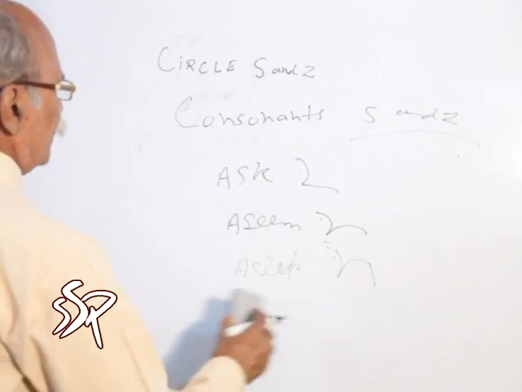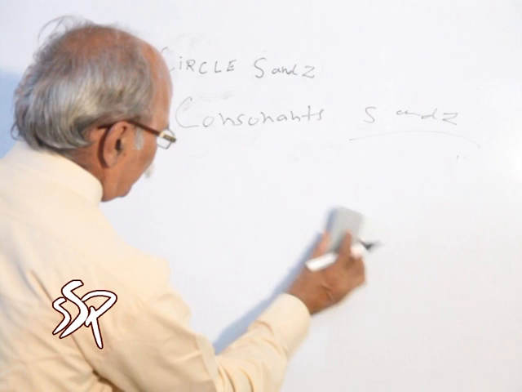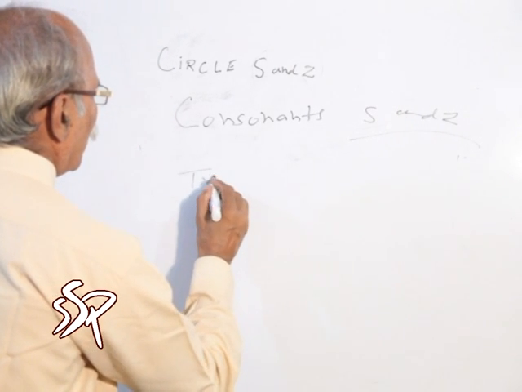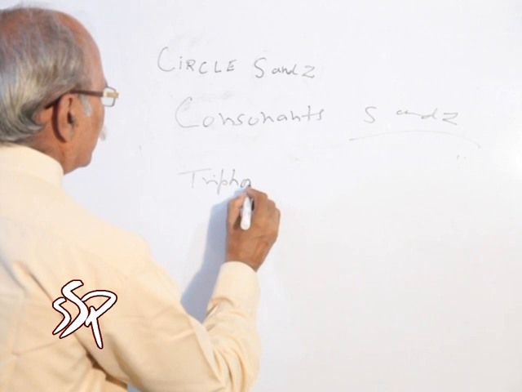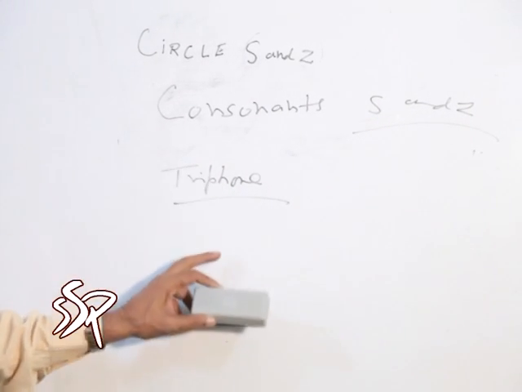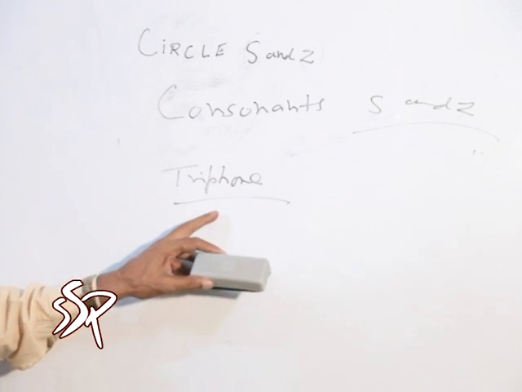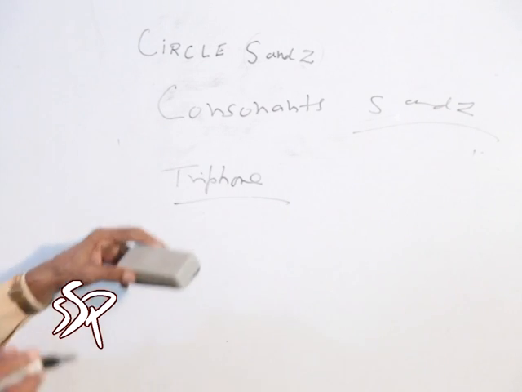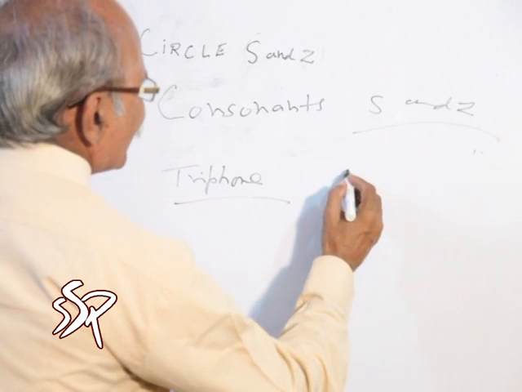Number two, when a triphone is used in the middle of the word, the circle is not used, the consonants will be used, like science.